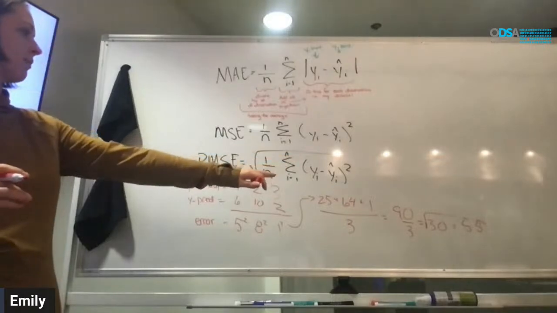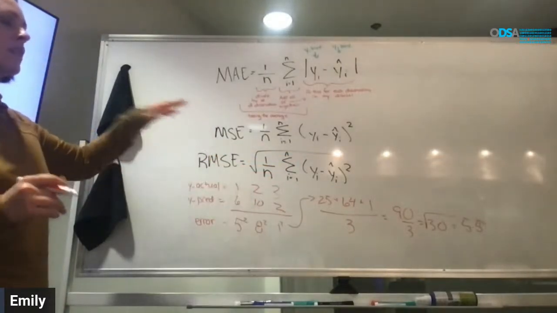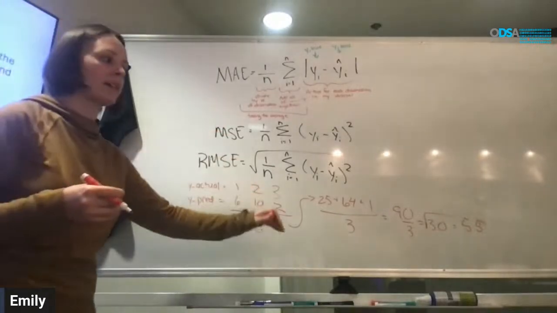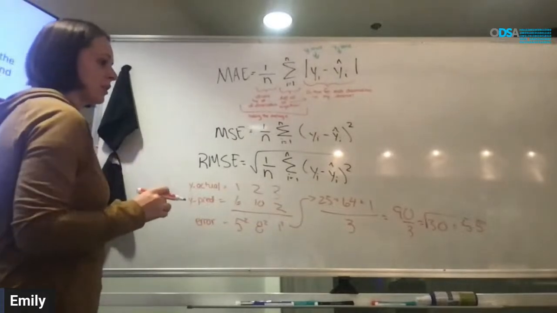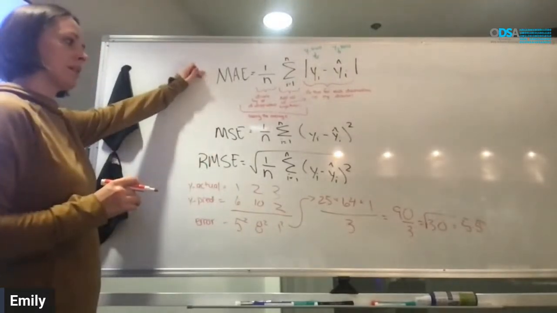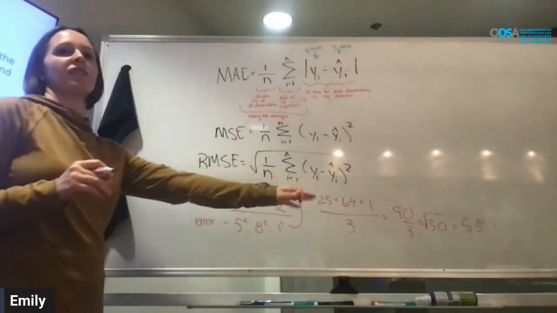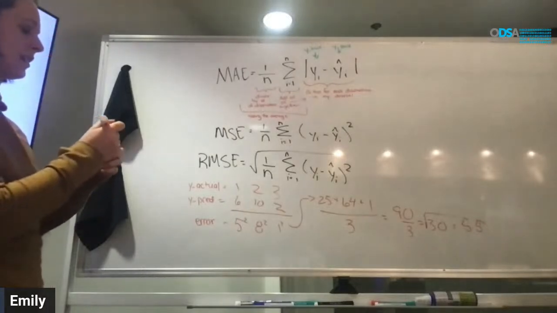And that 5.5, remember mean squared error, we said it's not in the same scale as our target variable. We've brought it back down to the same scale. So now with root mean squared error, similar to mean absolute error, you can say my house price was off by 5.5. That's appropriate now to say.